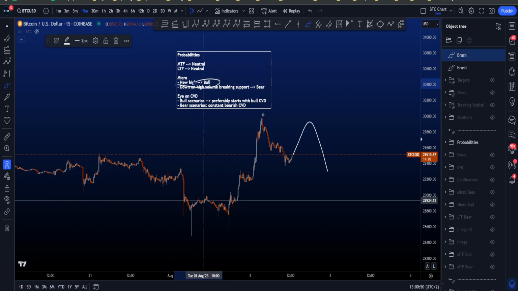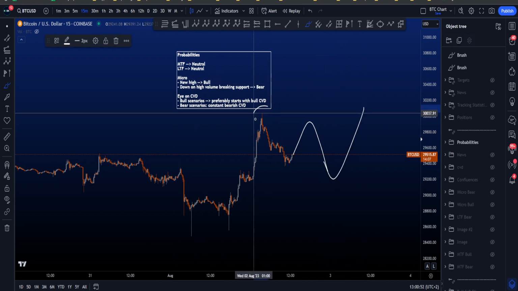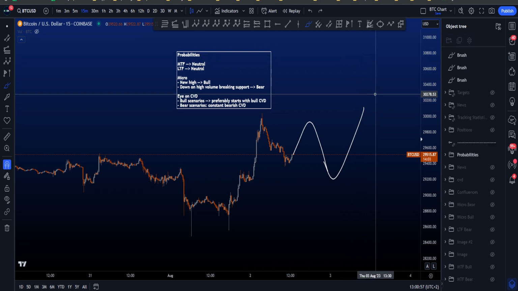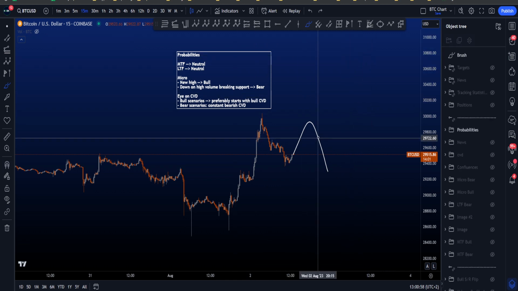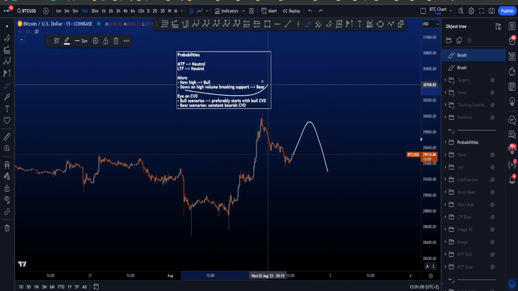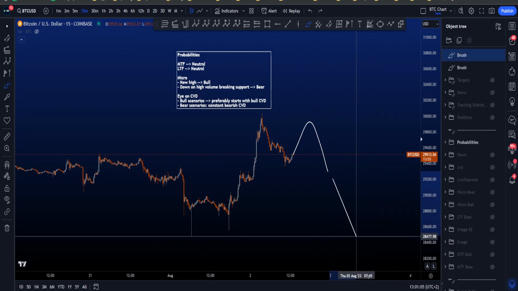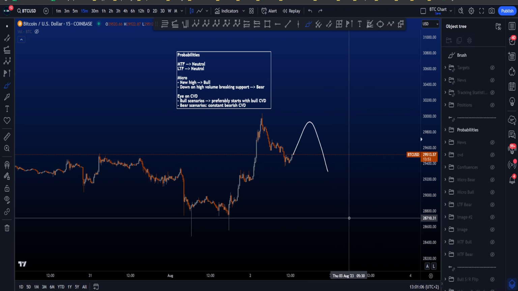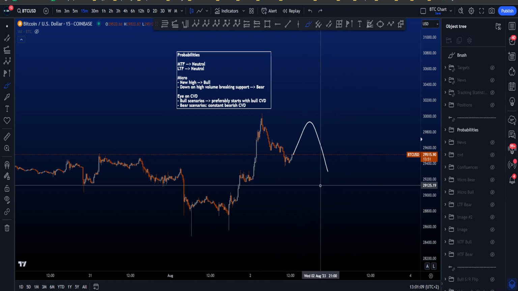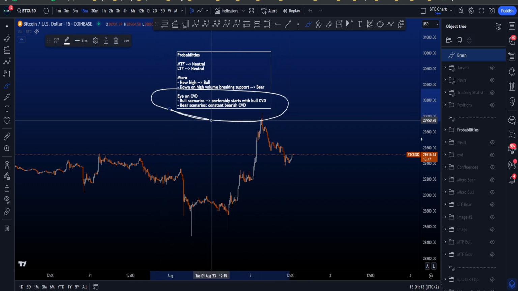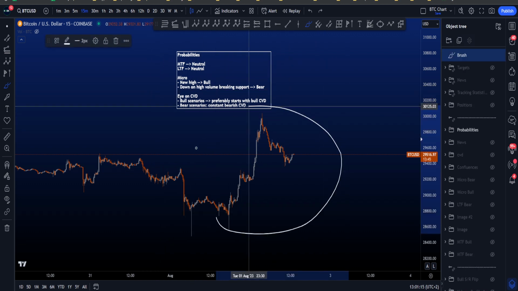If we create eventually a bounce from here and we make a new high, the probabilities are increasing for bullish continuation for much higher prices. But if this moves down on high volume over here and support gets broken, then we're looking for lower levels. Simple as that. So the lower time frame or the micro at the moment is deciding what's going to happen. And I like to recommend to keep an eye on the CVD divergences locally over here.